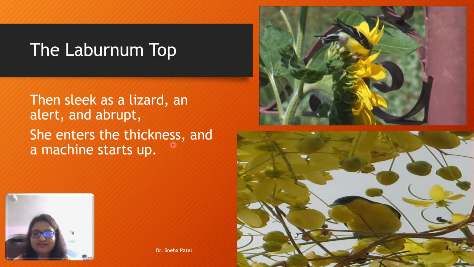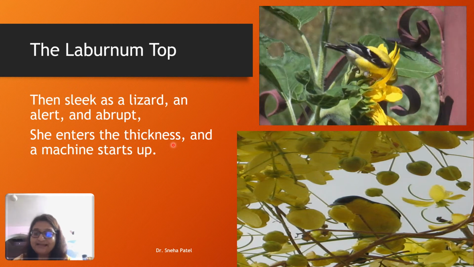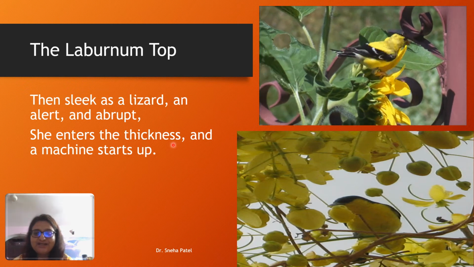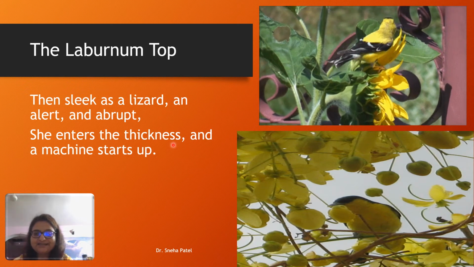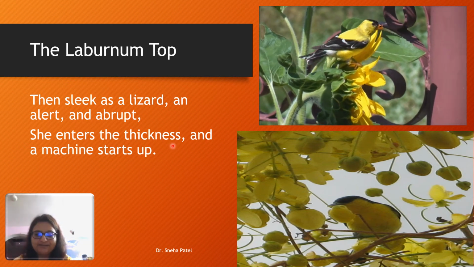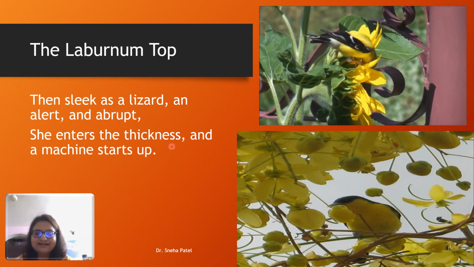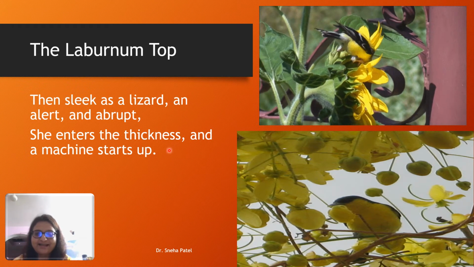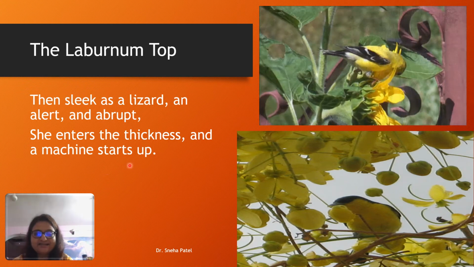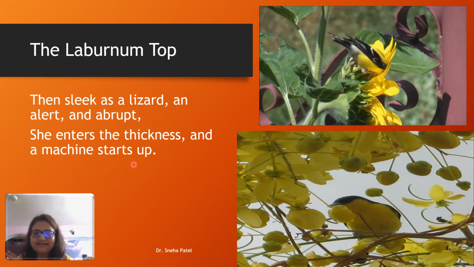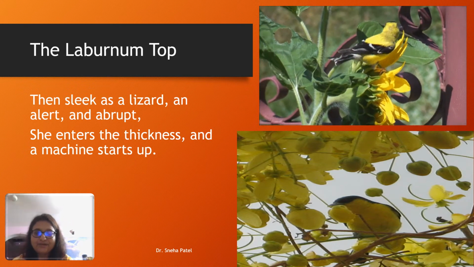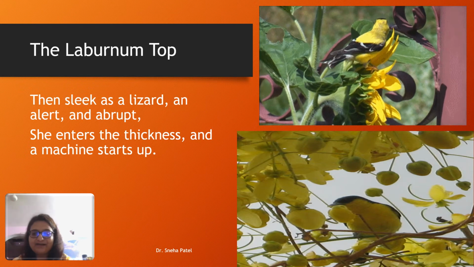She goes towards the nest, and in the nest, her babies are waiting for her because she has brought food for the babies. As soon as the babies look at the mother, they also start making noise. And that's why it is said, the machine starts up. Suddenly, there is activity in the laburnum tree because of the goldfinch and her family.